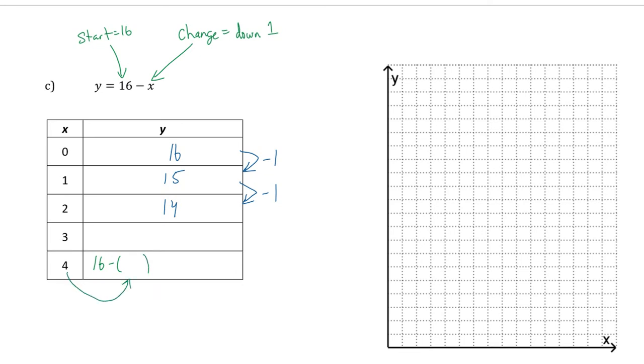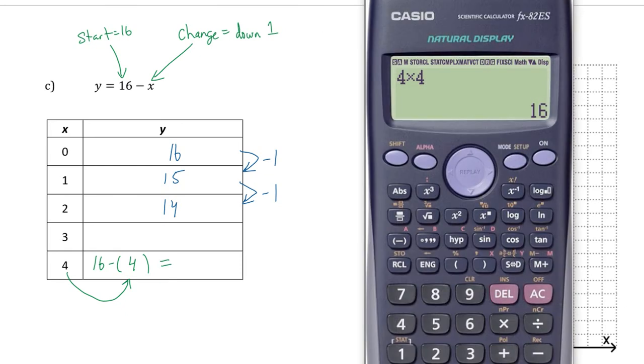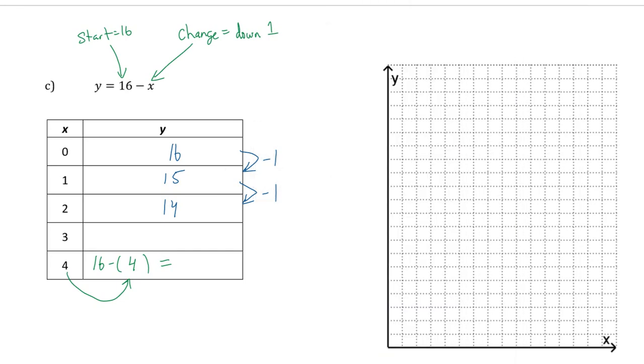Take 4 and put it in there. 16 minus 4 is 12. And if I follow this pattern, 16, 15, 14, 13, 12, I would get the same thing. Okay, let's graph this one.